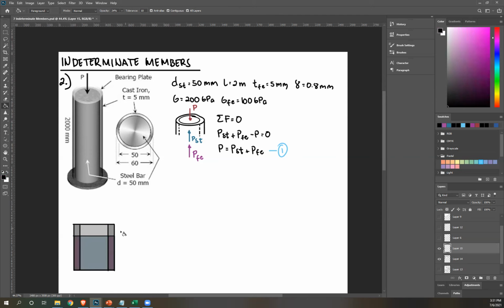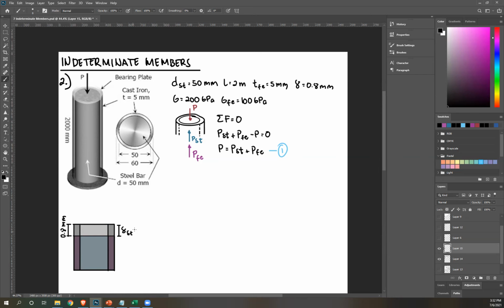And how much are they compressed? By 0.8 millimeters. So this is how much it compresses. 0.8 millimeters. And this is also the amount that both your iron and your steel deform, because again they move together.